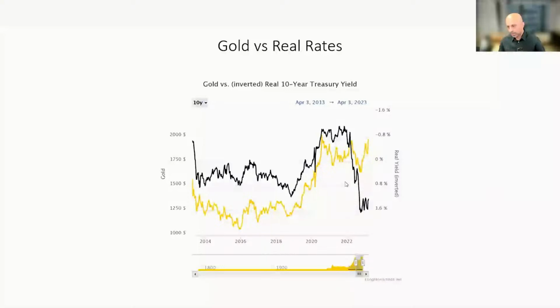So what happened in 2022? Despite the geopolitical event of Russia invading Ukraine, which sparked demand for gold because it's a major geopolitical event and gold serves as a safe haven, that's why we had a big spike in the price of gold at the start of 2022.